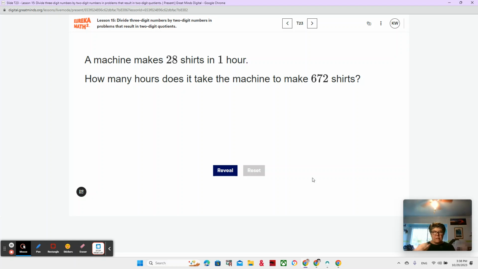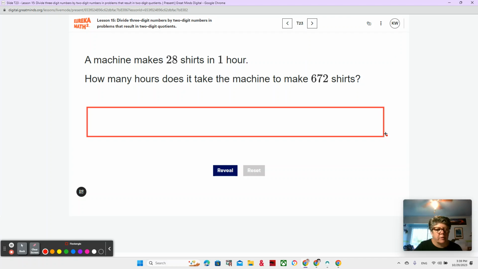Okay, so let's start with an area model, right? You could be writing these notes in your book where you have space, okay? Make sure that you're writing notes. Notes are important.